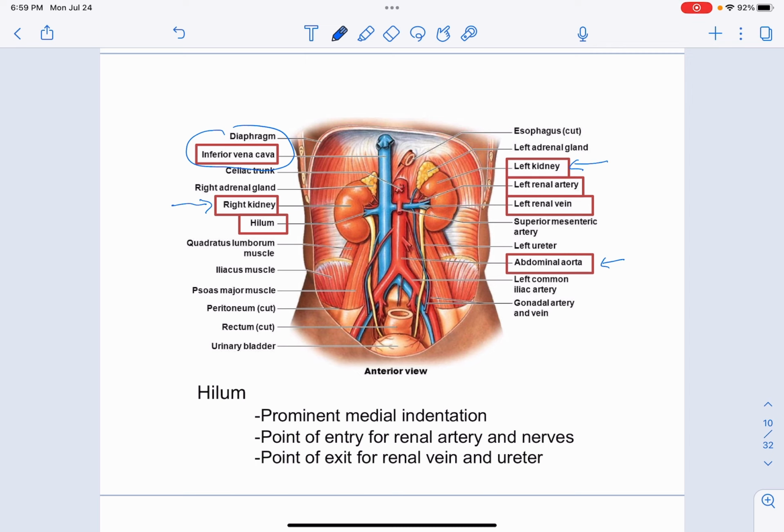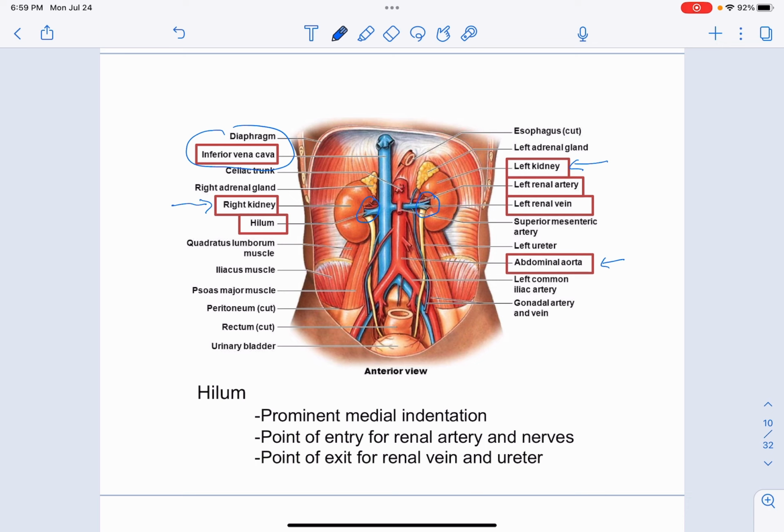I want to point out the hilum here, so you can see it here and you can see it here. Again, this is the point of entry and exit for the renal arteries and veins, as well as the nerves. And you're also going to have the ureter leaving there.